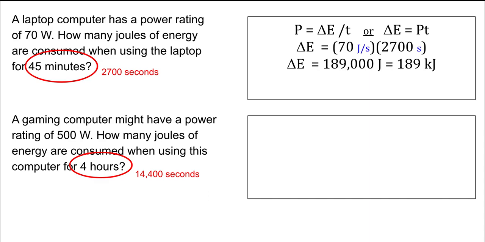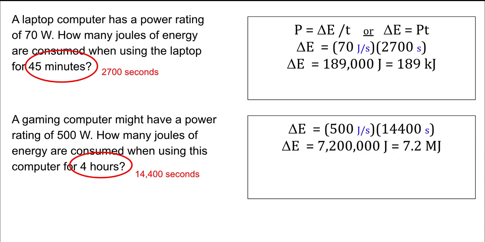So 4 times 60 times 60 is where this 14,400 comes from. But going through the same process of multiplying the power times the time, we see a much larger amount of energy use for our gaming computer.